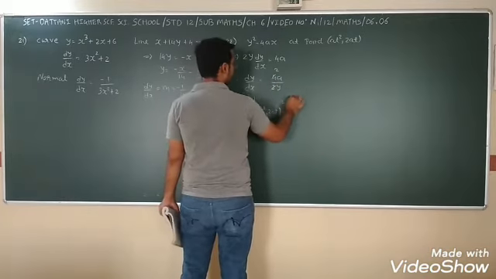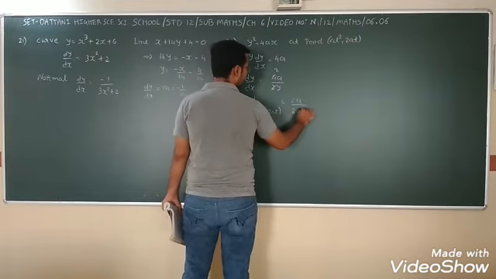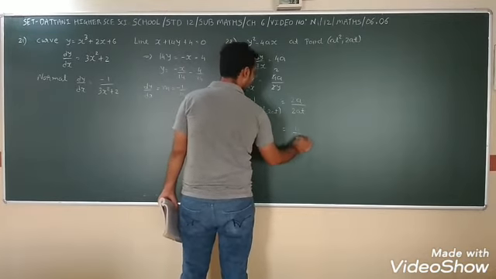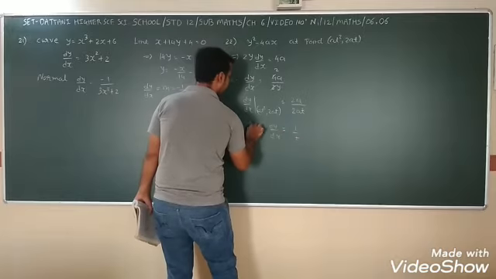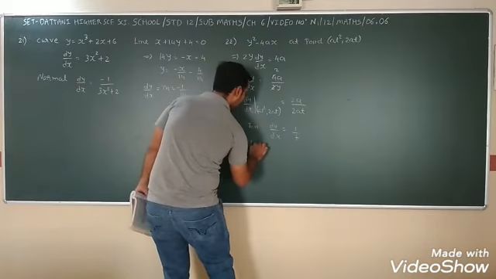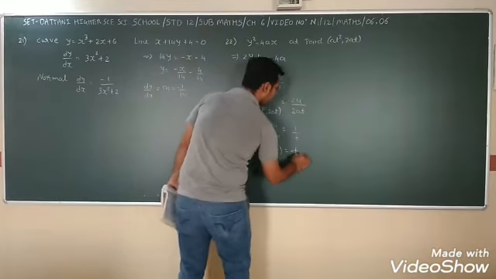At the point given, that is (at square, 2at), so here 2a upon y means 2a upon 2at. So 2a will cancel, giving 1 by t. That is the slope for the tangent. For the normal, the slope becomes minus t.